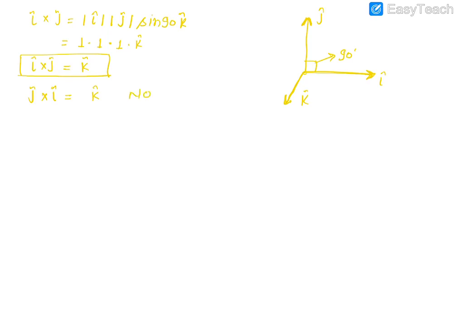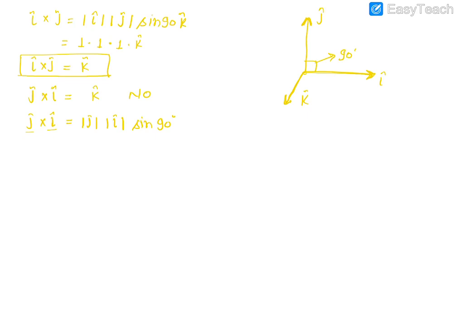The answer is no, because j cross i will follow mod of j, mod of i, sin 90 degrees, in the direction perpendicular to the plane of j and i. j is this, i is this, so it follows the right hand palm rule or screw rule.